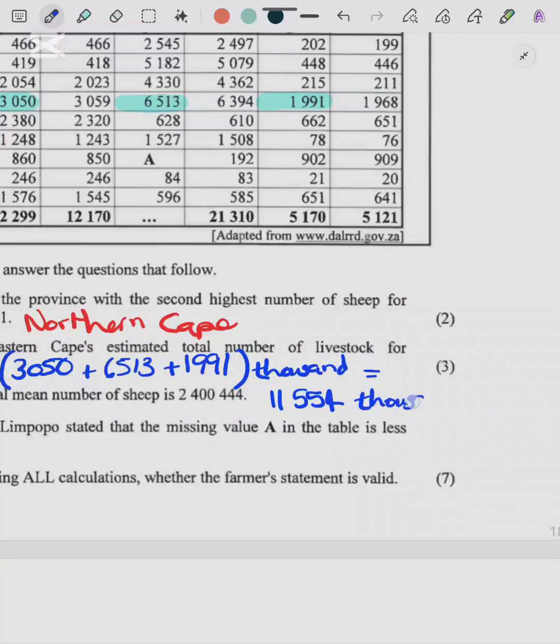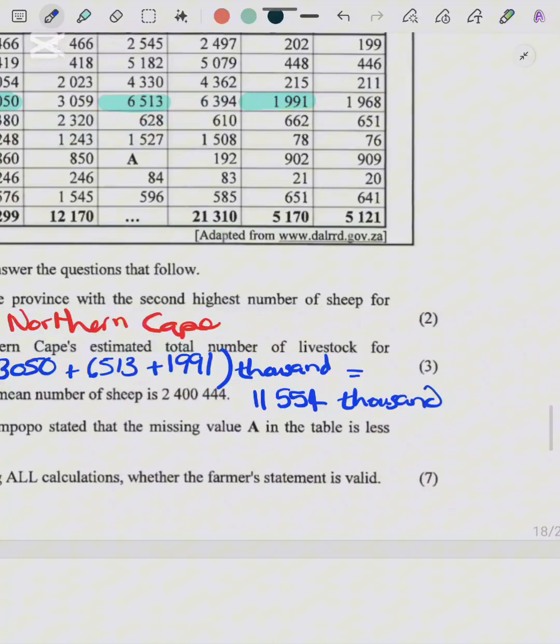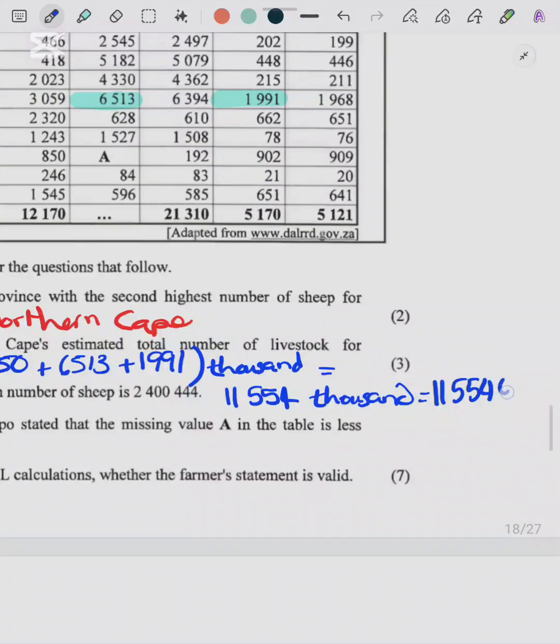Now at this stage, we need to check if the question asks us to write it out in full. It doesn't, so you would get the marks if you left it in this format, but you could also at this stage, and if you're going to need the answer later on, you probably are going to want to write it in the full format. We're going to write this out in thousands, which is just 11,554, and thousands are 3 zeros on the end.